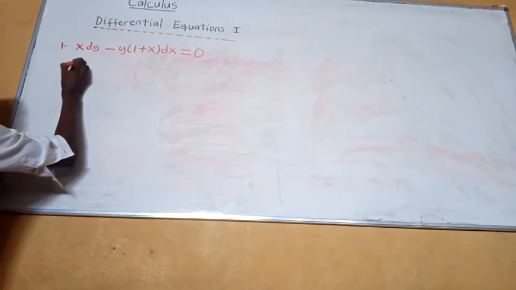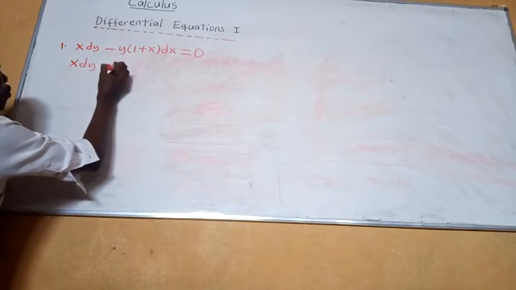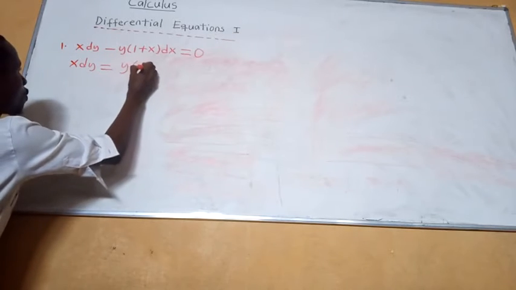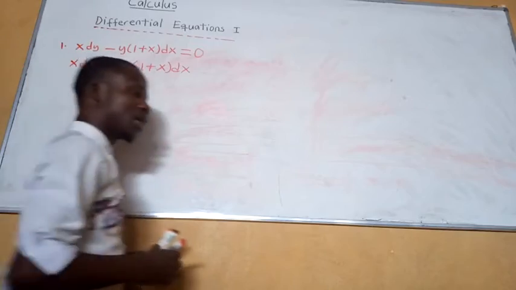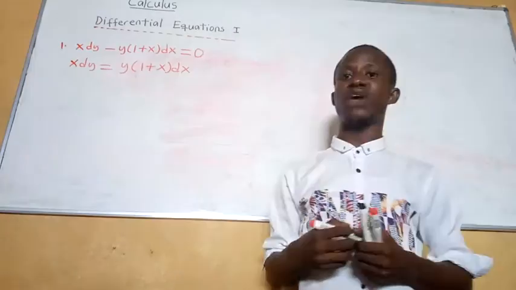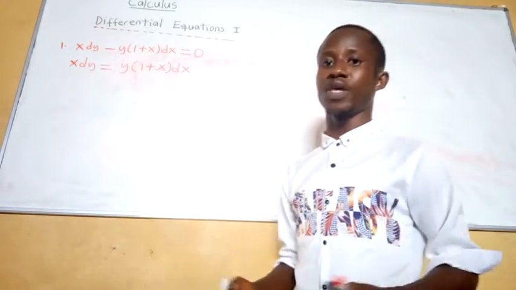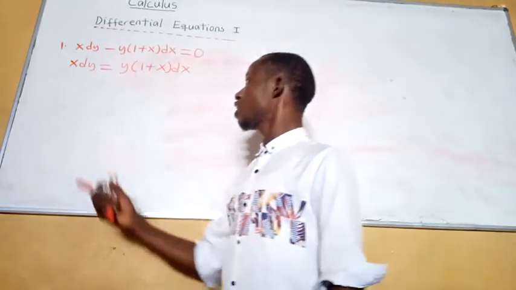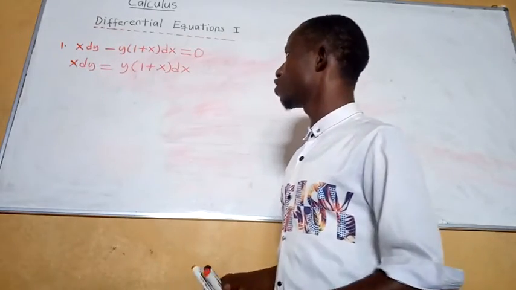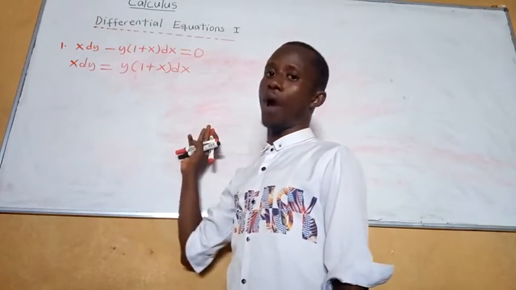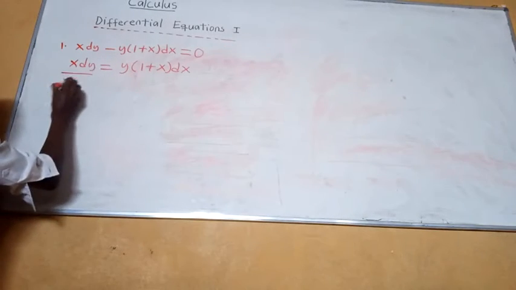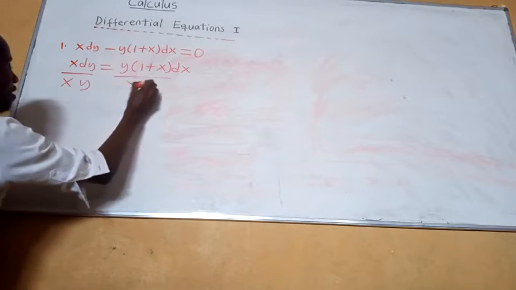So doing this, we have x dy = y(1 + x) dx. Now, we can see that it is very easy for the variables to be separated. To separate the variables, we need to divide both sides by x and y.